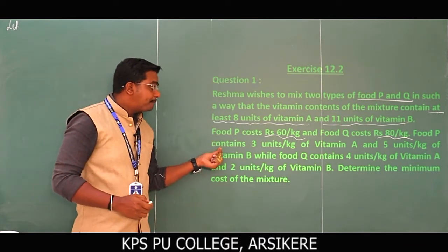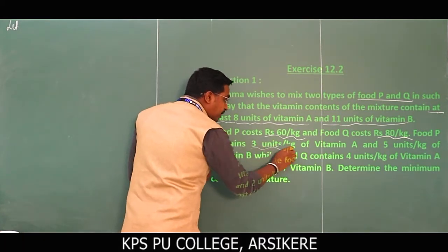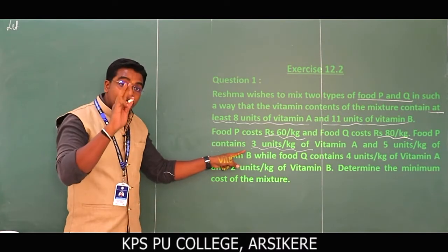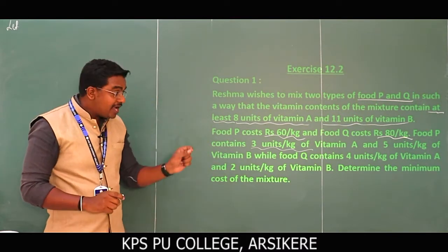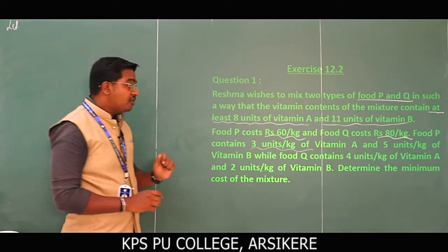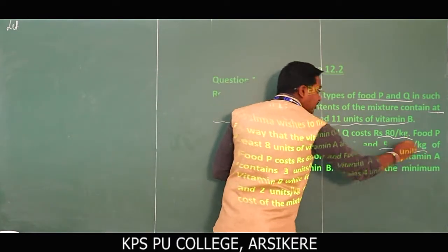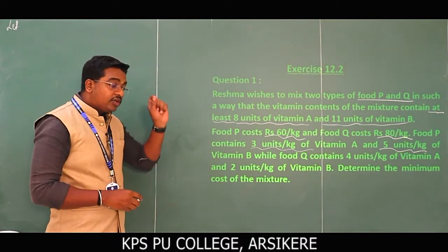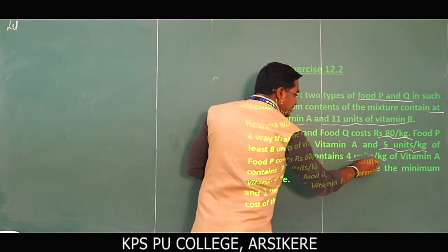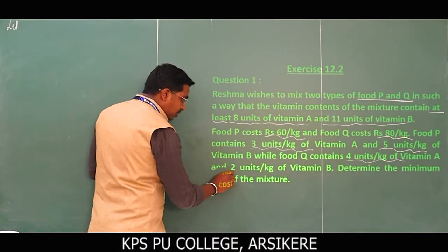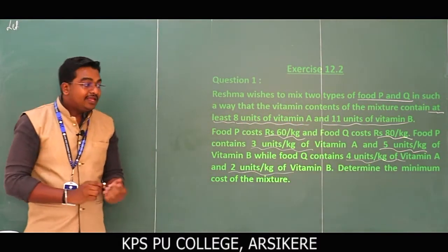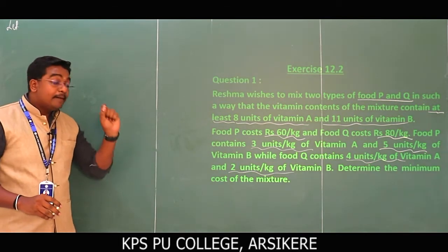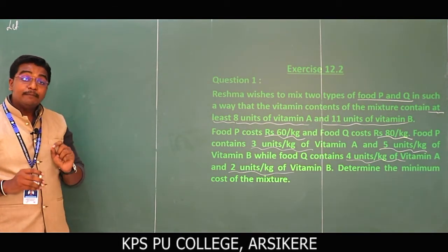Food P contains 3 units per kg of vitamin A and 5 units per kg of vitamin B, while food Q contains 4 units per kg of vitamin A and 2 units per kg of vitamin B. This is very important. Here we need to determine the minimum cost of the mixture.